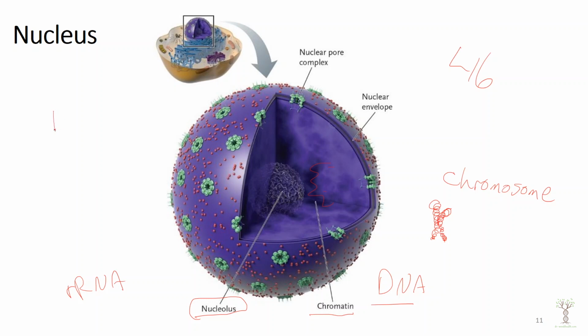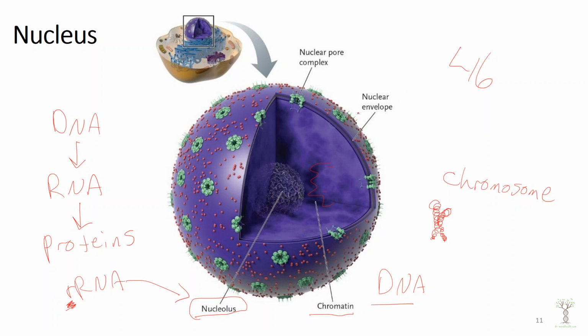I'm going to remind you again, remember DNA is our genes that is used to code for RNA. RNA is used to code for proteins. We have different kinds of RNA. So ribosomal RNA is the kind of RNA that helps to make up the ribosome. This is produced in the nucleolus.